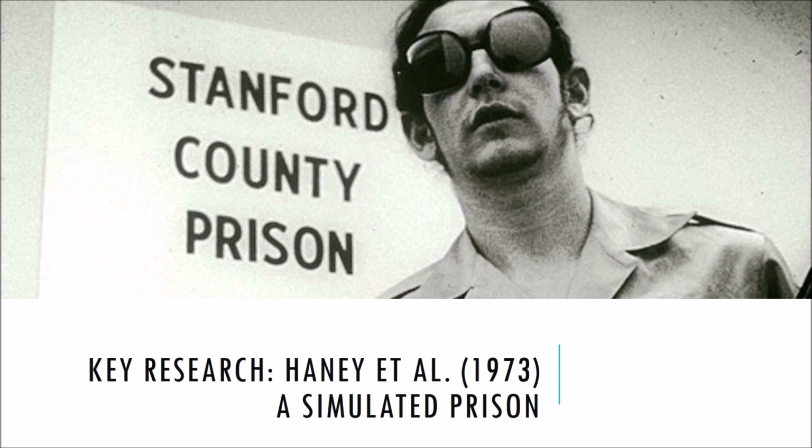So the general conclusion of this is that ordinary individuals can play roles that they're given to extremes, and that there are individual differences in the way that people cope in these new experiences, but the punishment of being imprisoned in real prisons doesn't necessarily just fit the crime for most prisoners, but in fact it exceeds it.